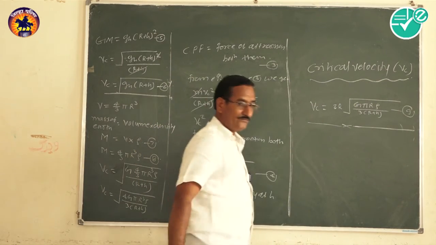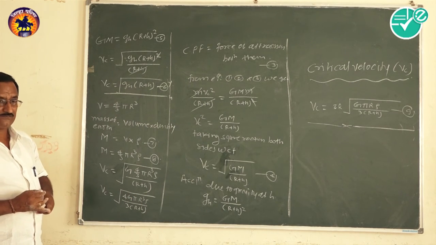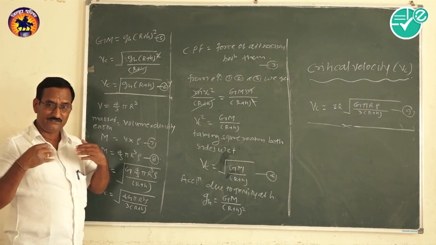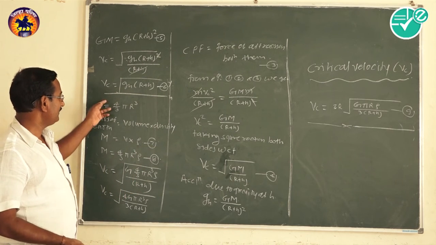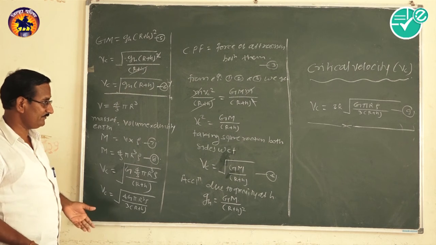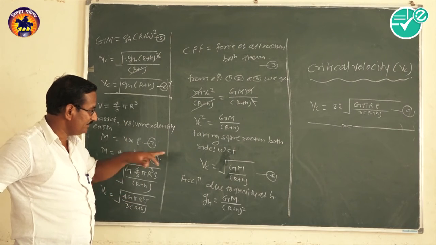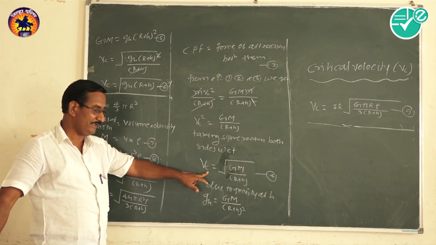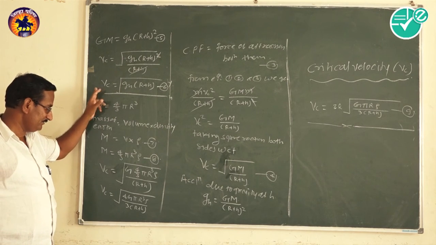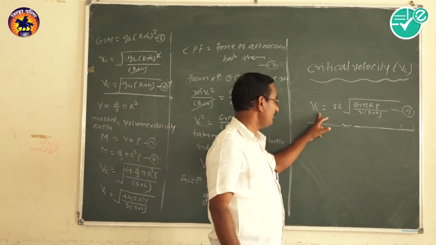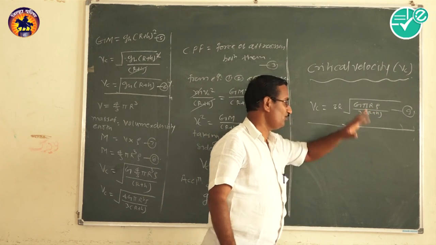That is the critical velocity of the orbiting satellite at various points: critical velocity on the surface of Earth, critical velocity in terms of acceleration due to gravity, critical velocity in terms of the density rho, and critical velocity at height h, that is Vc equals under root GM by (R plus h), then critical velocity in terms of gravity at height h, and in terms of the density of the Earth, rho.